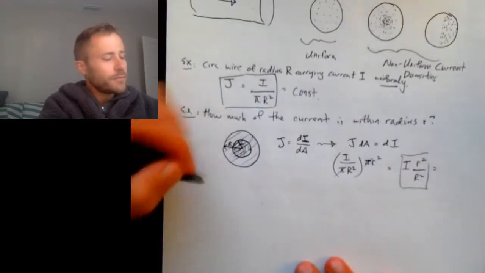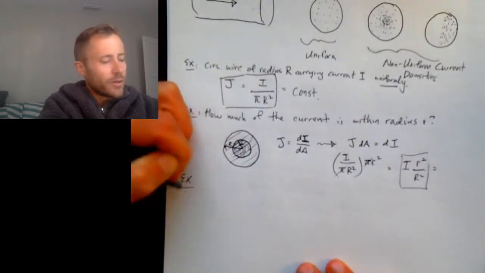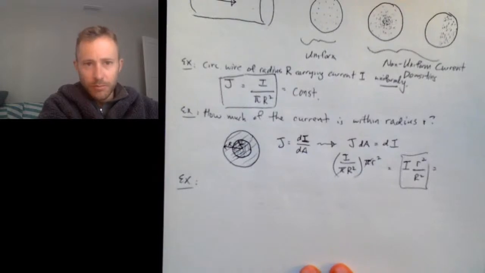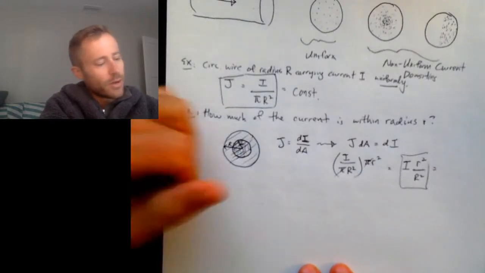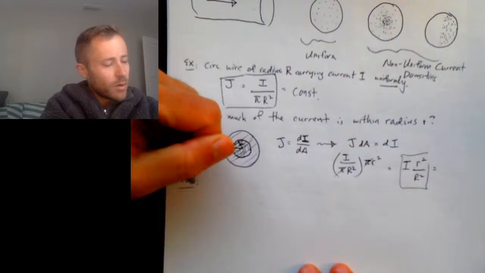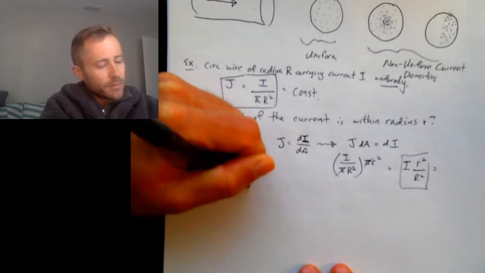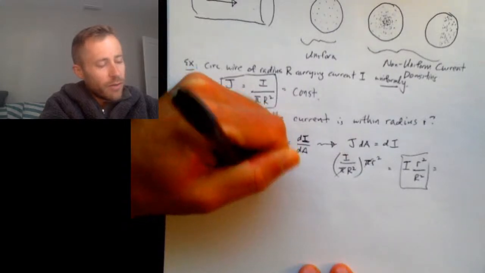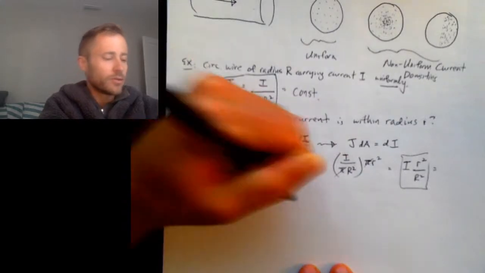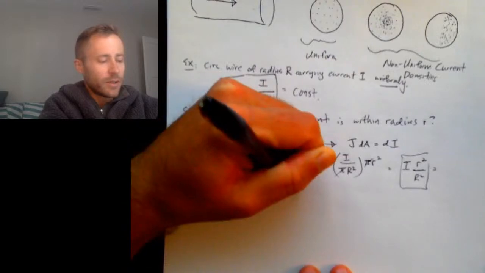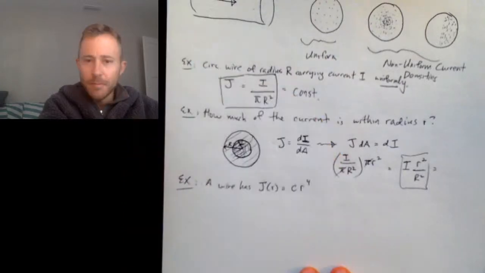How do we deal with non-uniform current densities? A wire has, let's say, J of R equals a constant times R to the 4th power.